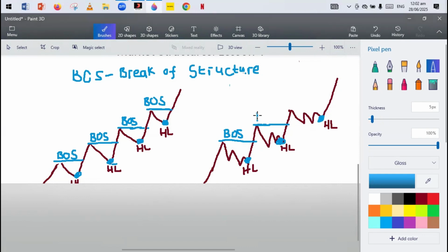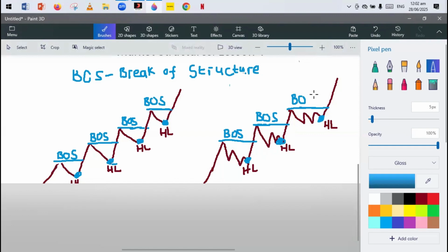That is the one you mark as your break of structure. For as long as the market is breaking the highs in an uptrend, then price is in an uptrend and you place buys at the higher lows.